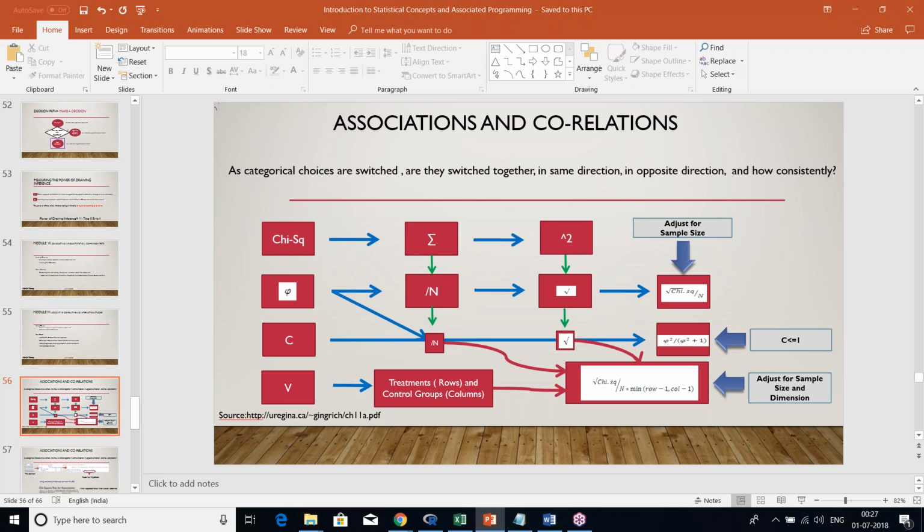That's why we select the minimum: we're selecting the spread of the chi-square metric over the smaller dimension. Cramer's V retains the adjustment for the total number of observations, and adds an adjustment for the number of rows and columns. The formula is the square root of the chi-square metric divided by the total number of observations n multiplied by the minimum of the number of rows and number of columns, which are the features, or in this case the categories being compared to each other.